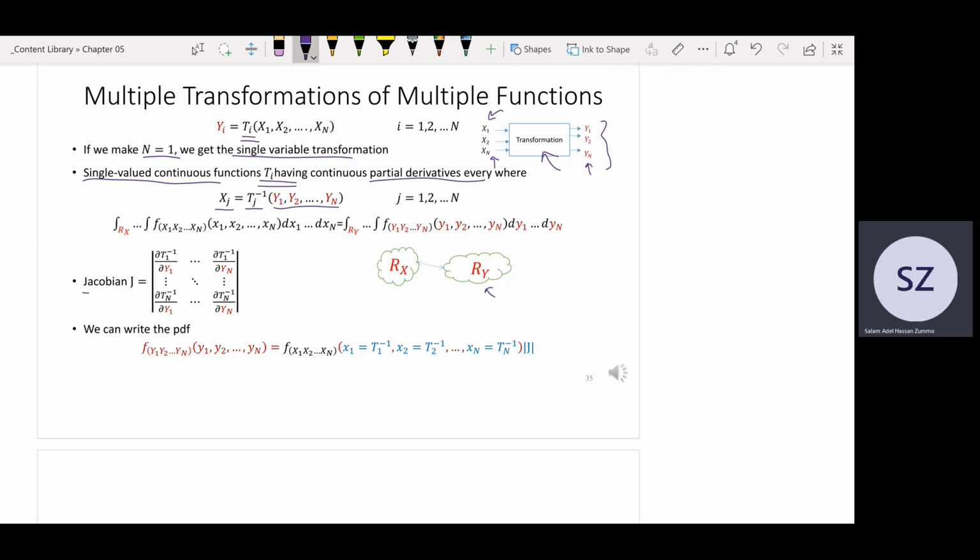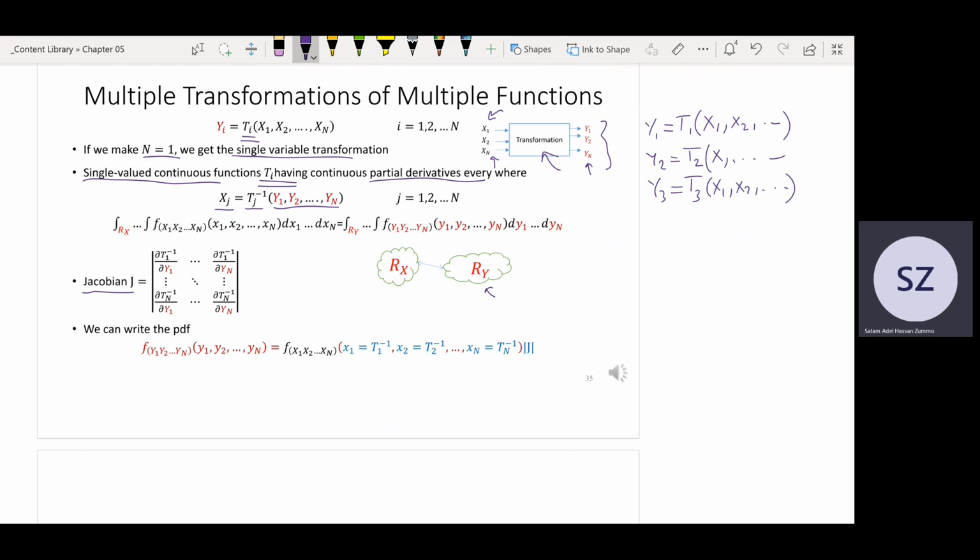we define what we call the Jacobian. The Jacobian is the determinant of this matrix of partial derivatives. Basically we have here X1, X2, X3. Y1 equals T1 of X1, X2, while Y2 is T2 of X1, X2, and Y3 is T3 of X1, X2.